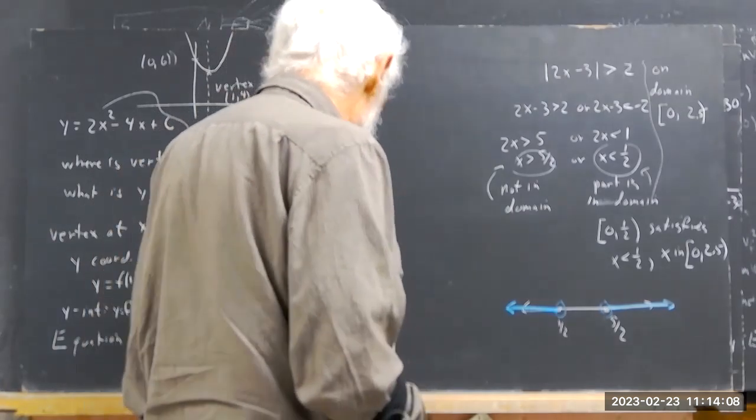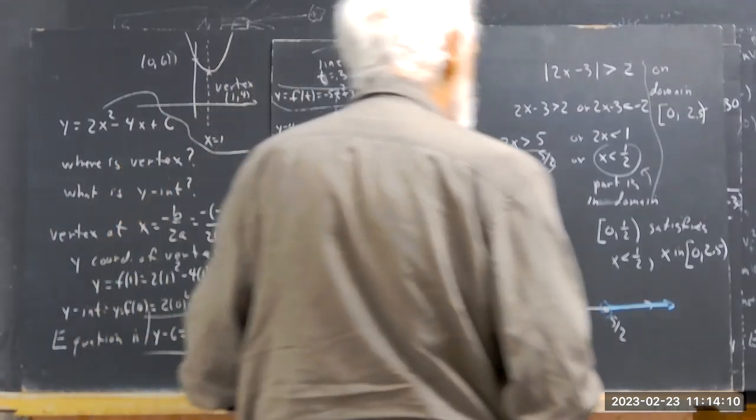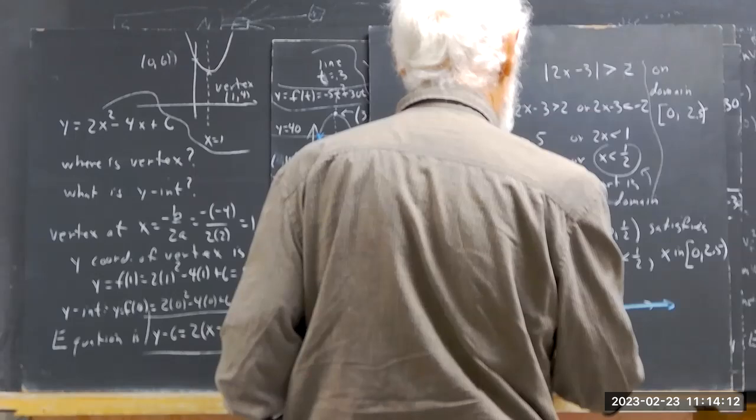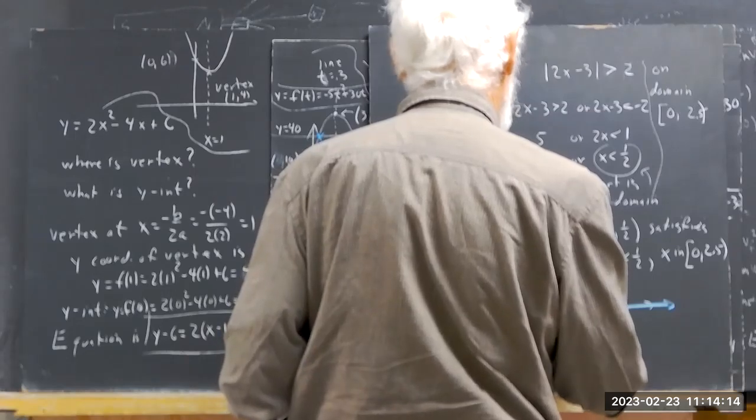But our domain is restricted to go from 0 to 5/2.